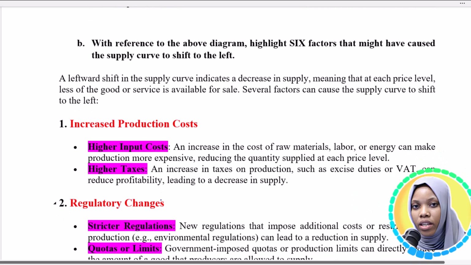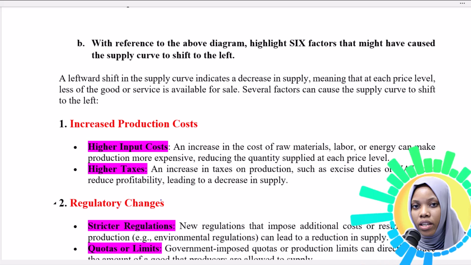The first factor that could have caused this left shift in the supply curve is increased production costs. Increased production costs can be affected by higher input costs or higher taxes.